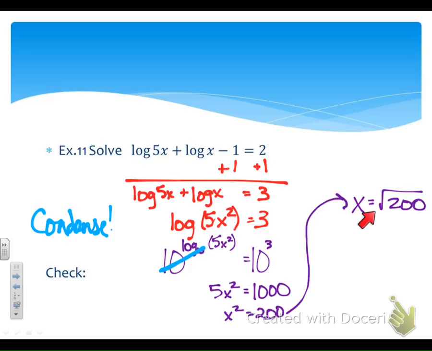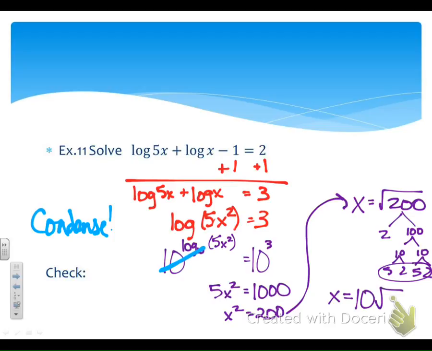In Chapter 7, we're looking for pairs. Pairs in 200. So you start doing the factor tree. You should be getting a pair of 5s and a pair of 2s. So if you take out a pair of 5s and a pair of 2s, those multiply to be 10, and you're left with a 2 inside.